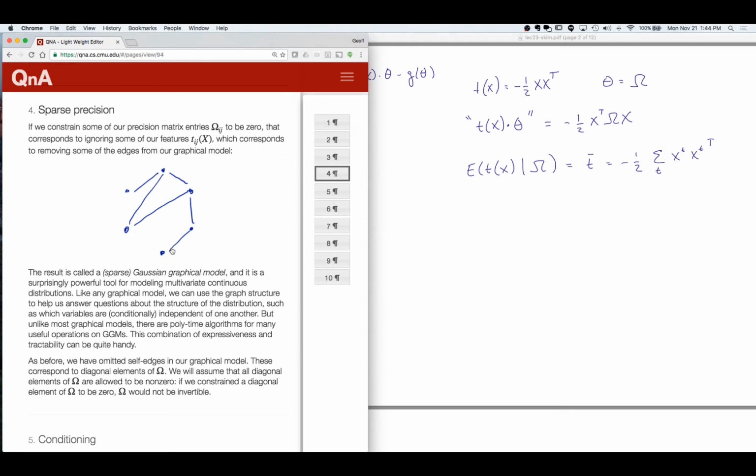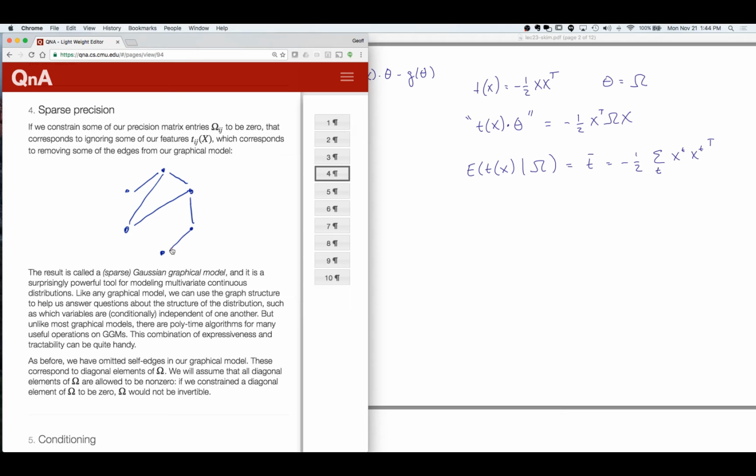And that's true for all graphical models. But what's not true for most graphical models is that there are actually efficient algorithms for marginalizing and conditioning and doing other sorts of inference operations in a Gaussian graphical model. And so for the rest of today's lecture, we're going to be talking about what those algorithms are, because they're actually pretty simple, and so they're useful to know.